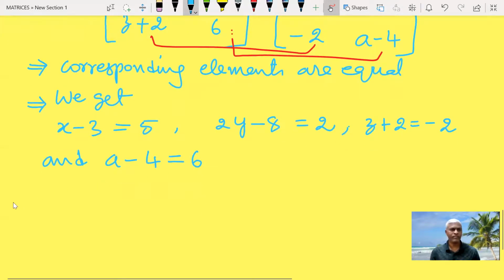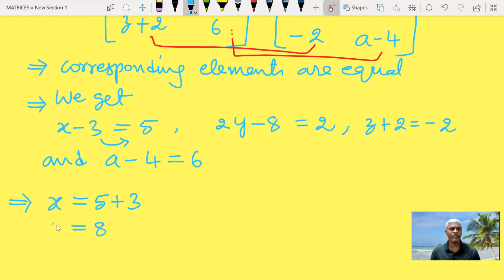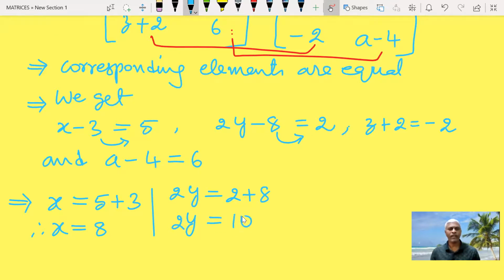So from this, if you bring 3 to the right side, x is equal to 5 plus 3, that is, x value is 8. And bringing 8 to that side, we get 2y is equal to 2 plus 8, 2y is equal to 10, and y is equal to 10 by 2, that is equal to 5.